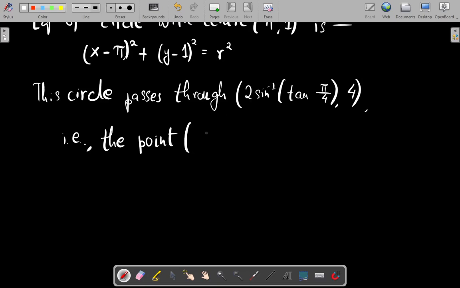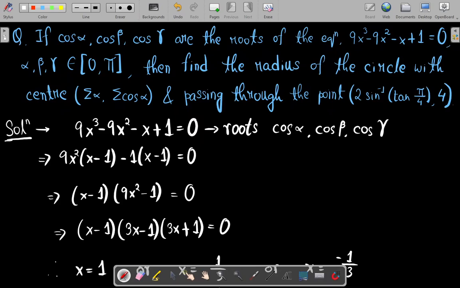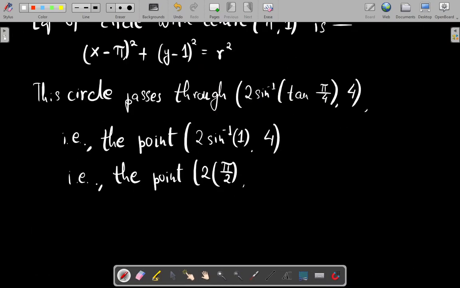Tan pi upon 4 is 1, so this becomes 2 sine inverse 1 comma 4. 2 times sine inverse 1 will be pi upon 2 in the interval that is given here, 0 to pi. So this becomes 2 times pi upon 2 comma 4. 2 times pi upon 2 will become pi, and the other coordinate stays 4.